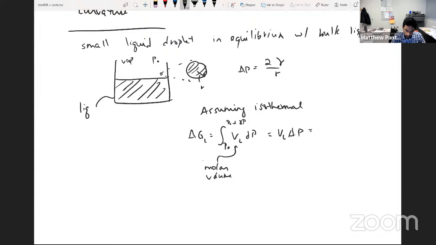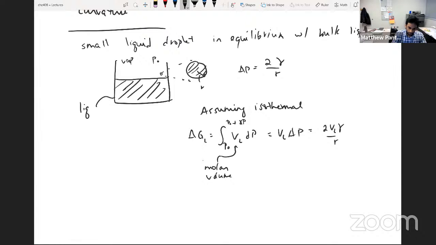So this will be 2 times the molar volume of our liquid times the surface tension over r. Okay, so that would be the change in the liquid Gibbs energy.